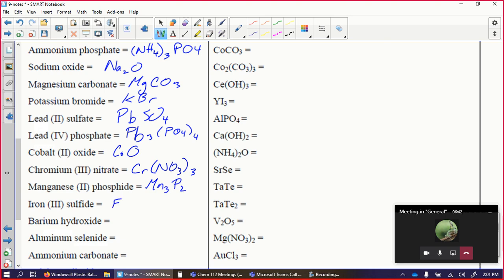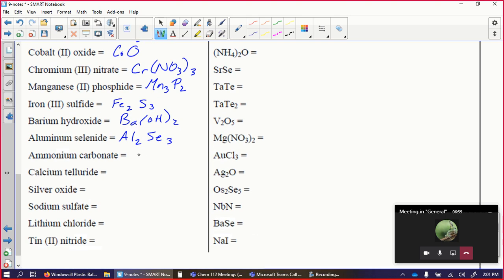Mn3P2. Iron sulfide. Whew. Ammonium carbonate. Kate. Ag. Oh, if only we had spelled Kate with a C.